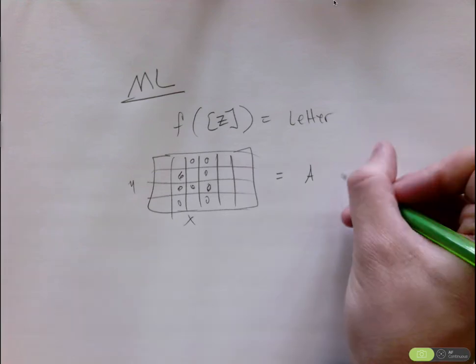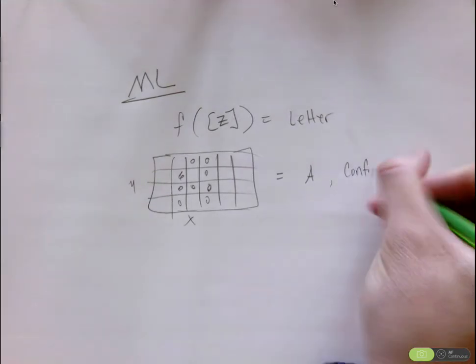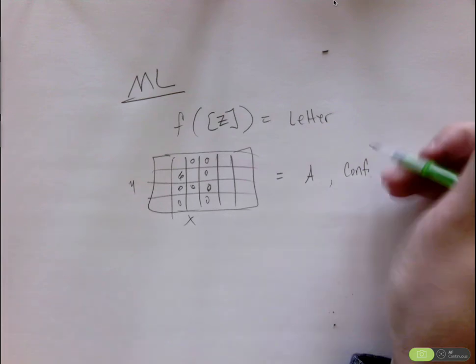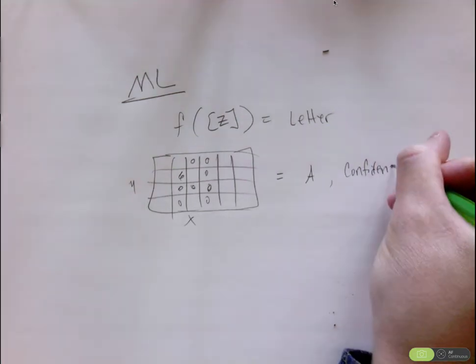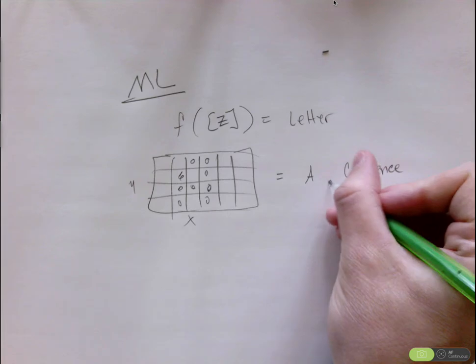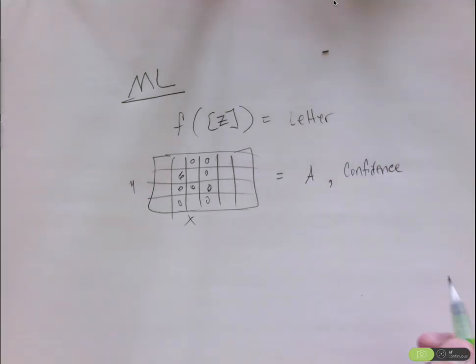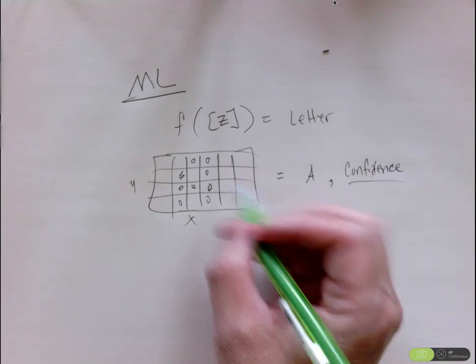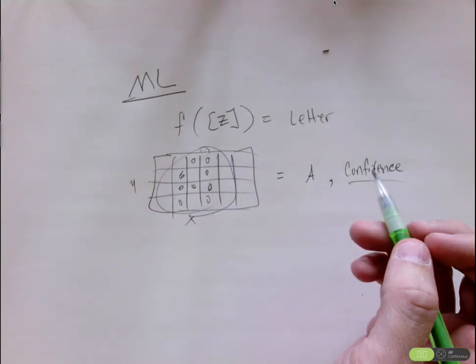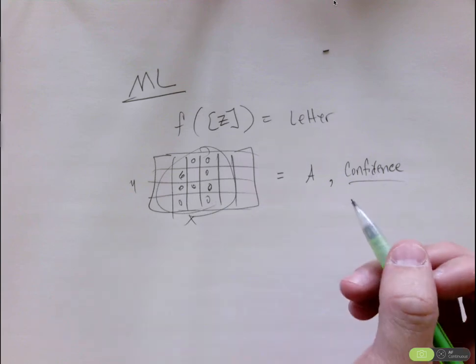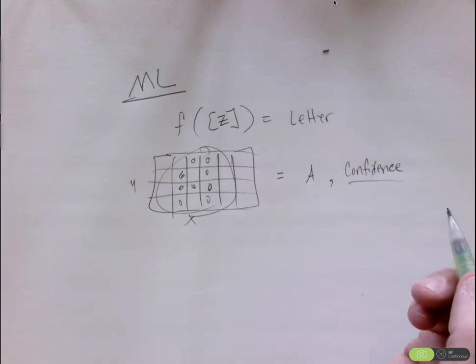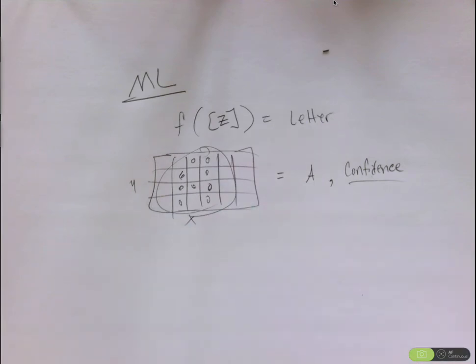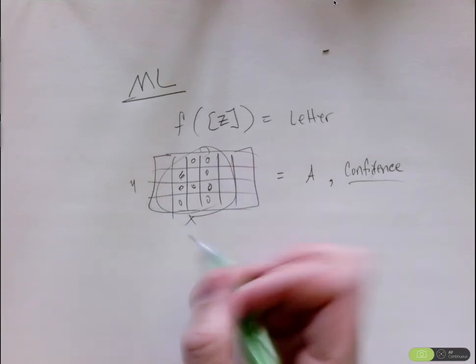And it's also going to output a confidence level associated with that classification. So using this confidence, we can know statistically how confident the machine is in how much this was similar to the training data, where it learned that something like this looked like an A. And so really that is what it's about.